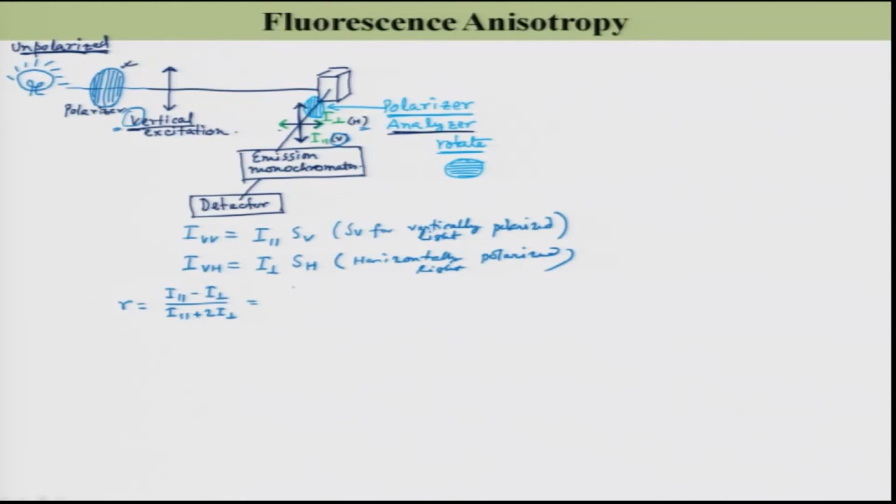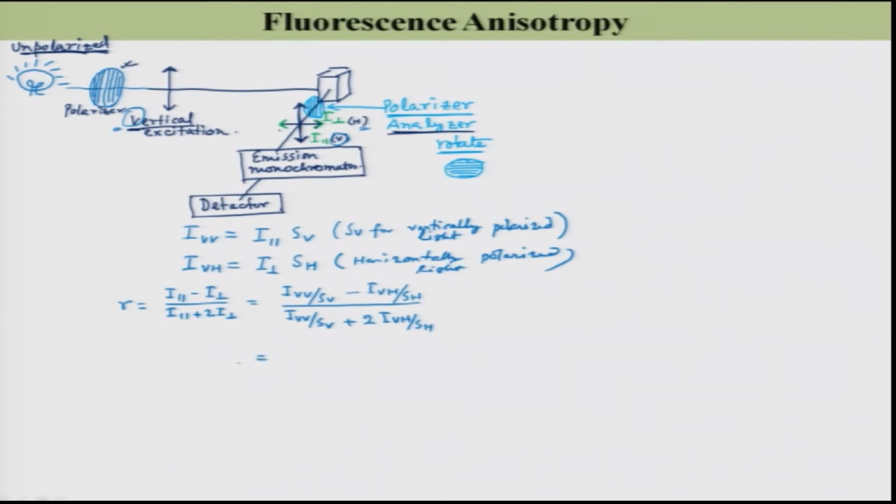So, I will write this as I VV by SV minus I VH by SH, right. Here I parallel equals I VV divided by SV, divided by I VV by SV plus 2 I VH by SH.